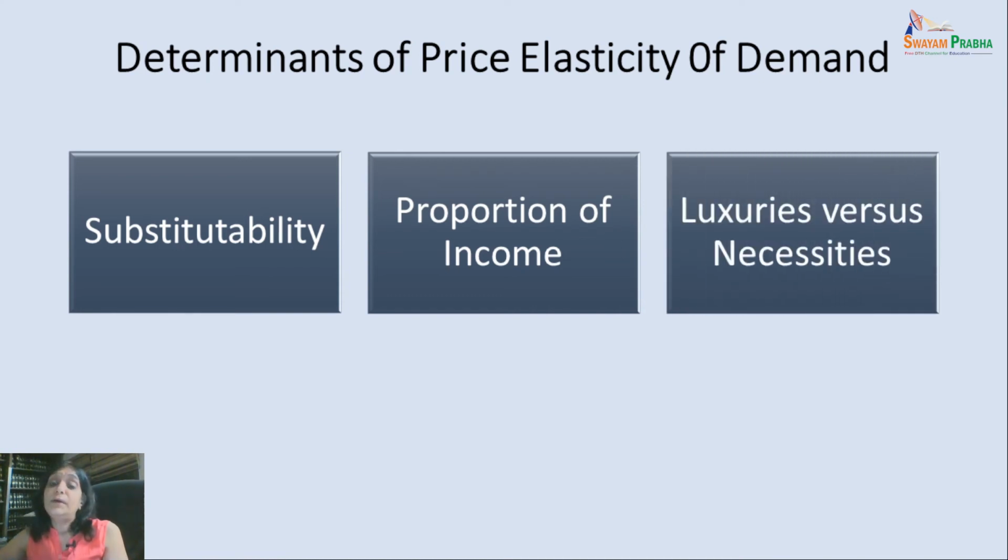Then another important criterion which has an impact on price elasticity is whether the product is a luxury or a necessity. As the name indicates, if it is a necessity, something you need, something which is a basic part of our life, even if the price changes a lot, I may not be able to change the quantity demanded so much as the change in price.